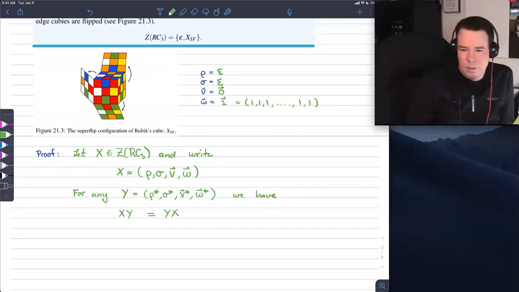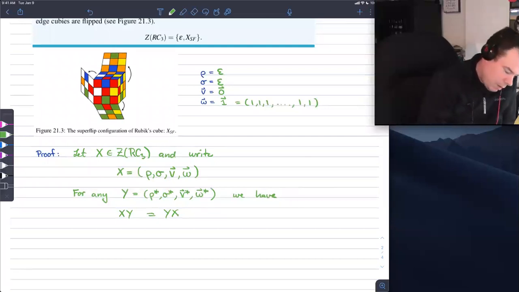That's what it means to be in the center. It means X commutes with every other element. And so what is XY?